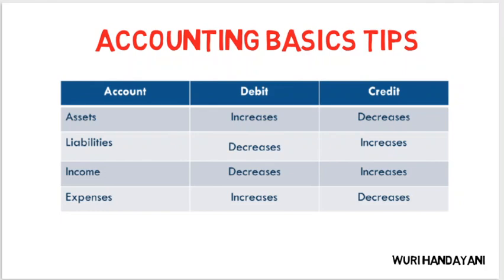Increasing in assets, we have to put in debit. Liabilities, decreasing in liabilities, we have to put in debit. Income, decreasing in income, we have to put in debit. And last one, expenses. Increasing in expenses, we will put in debit.